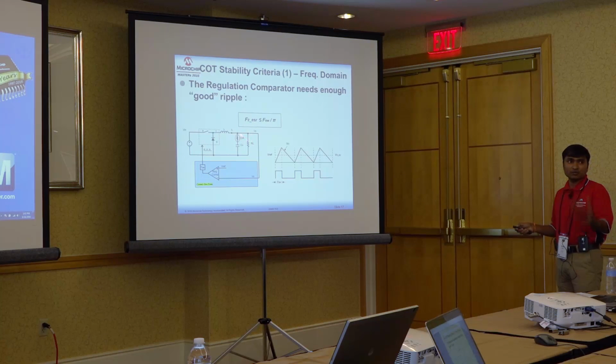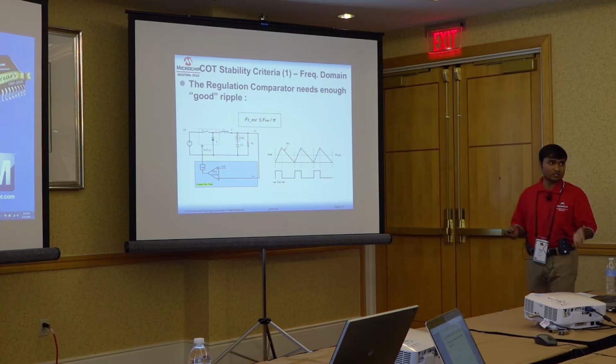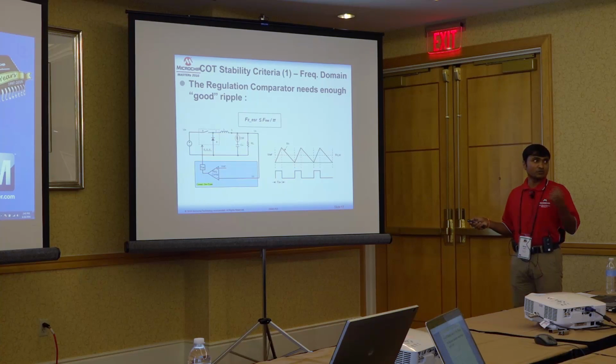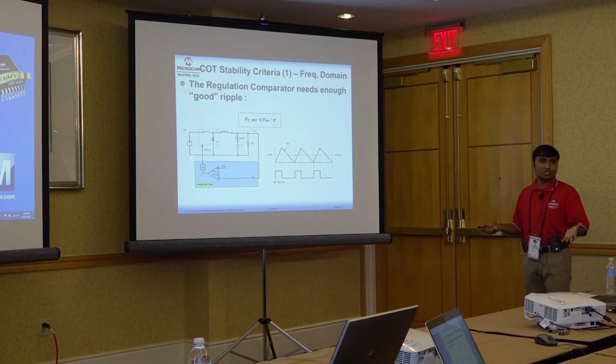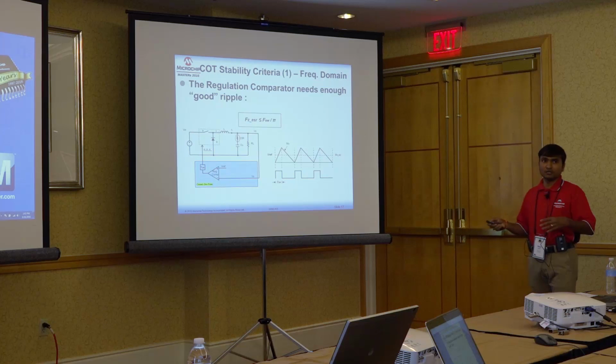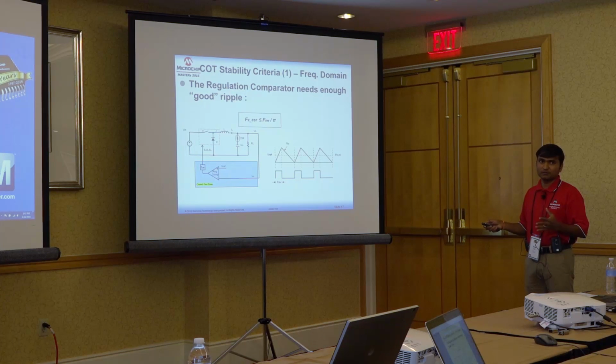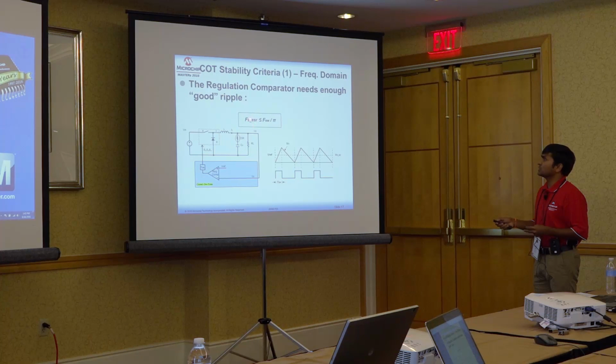So, if you are using electrolytic capacitors for your application for a low cost solution, you can make use of the ESR of the capacitor to get enough ripple to make the system stable. You do not need anything else, any type 2 compensation, any compensation or any ripple injection for those types of applications. So, make sure that your ESR zero is less than the switching frequency.